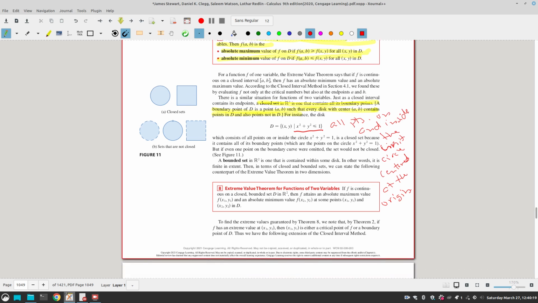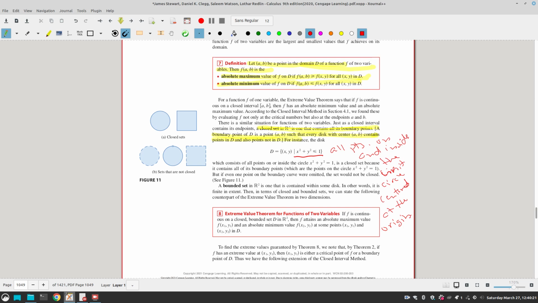And of course, that's a closed set, right? This D is a closed set.